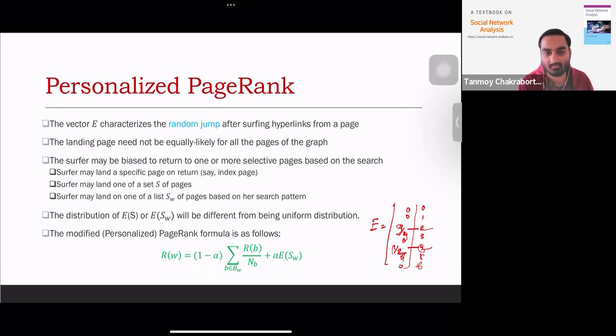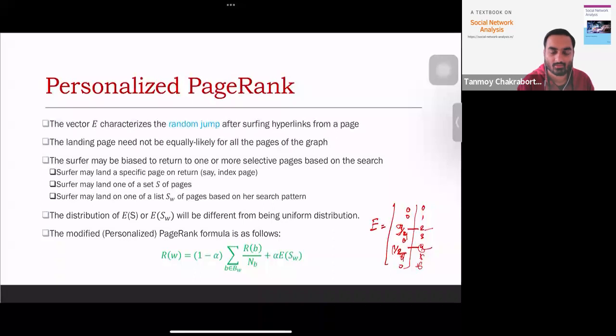Topic sensitive PageRank means I start by identifying some of the topics, right? And now what do you mean by topic? Say for example, on the World Wide Web, I identify some of the pages of topic X, right? Let's say some of the pages of a topic related to climate change, for example. So you want your random walker only to move to those pages where the topics are related to climate change.